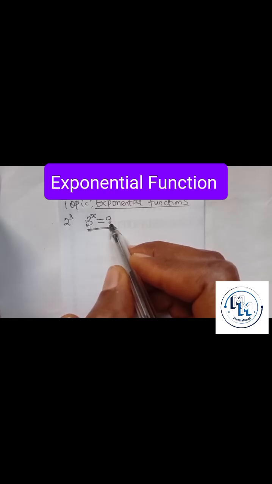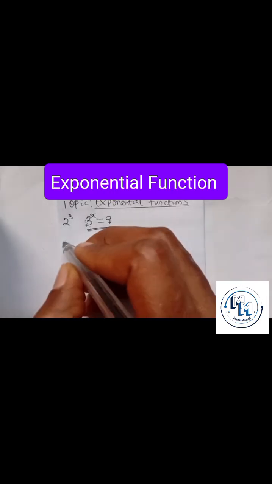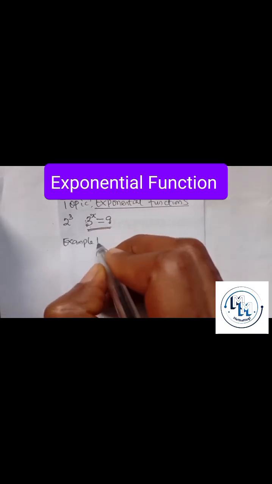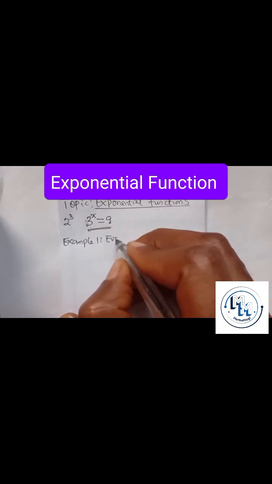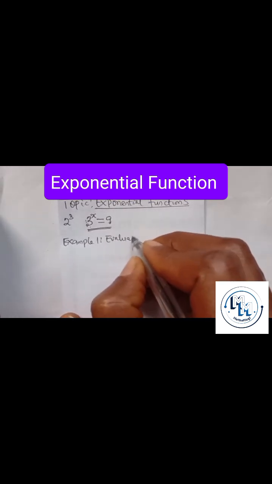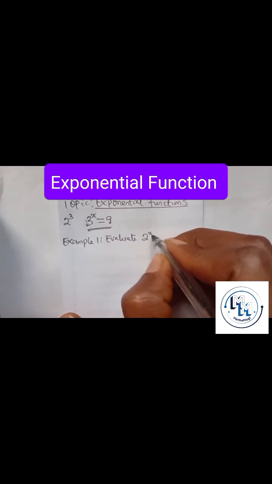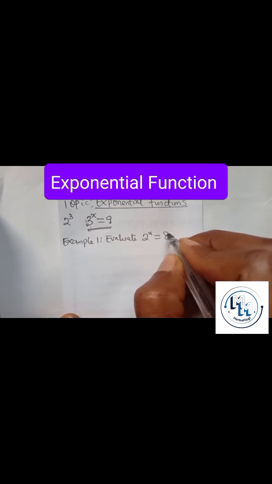Let's take a few examples for today. Maybe tomorrow we can have another example that is more advanced than today's. Let's go. Example 1: evaluate 2 power x equal to 8.